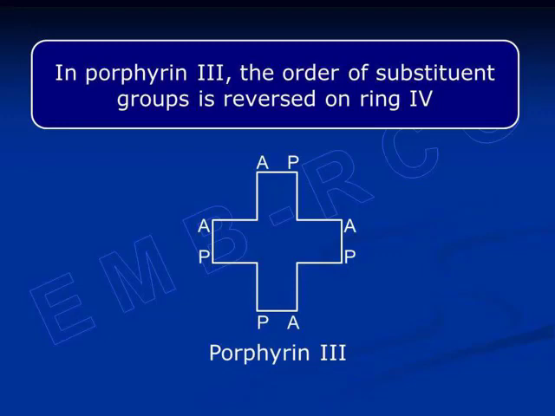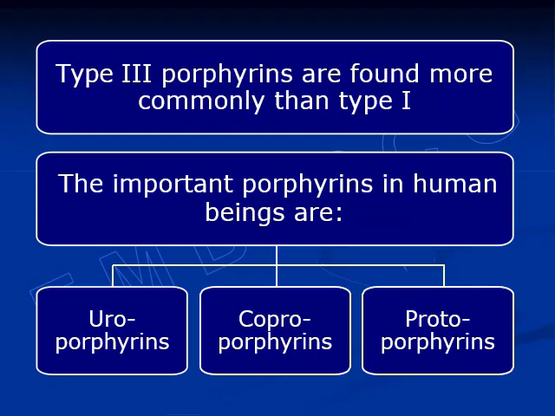If you see here, AP, AP, AP, but in ring 4 it is no longer symmetric. It's PA, asymmetric. So this is a major difference between porphyrin 1 and porphyrin 3. Type 3 porphyrins are the ones most commonly found compared to type 1.